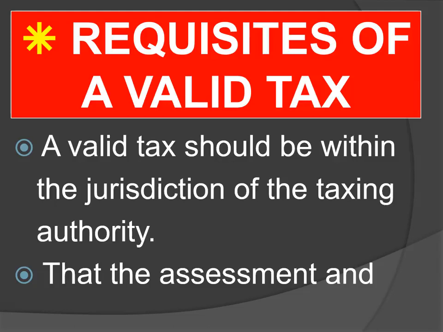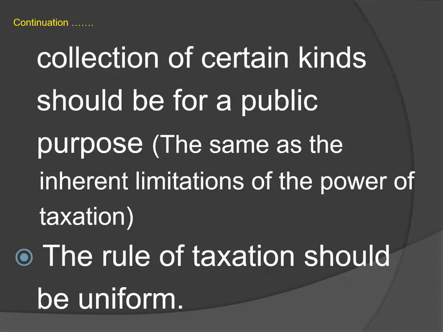First, under the concept of territoriality, a valid tax should be within the jurisdiction of the taxing authority. Second, the assessment and collection of certain kinds of taxes should be for a public purpose. And these are the same as the inherent limitations of the power of taxation, which were discussed in Module 2, but not in this lecture.